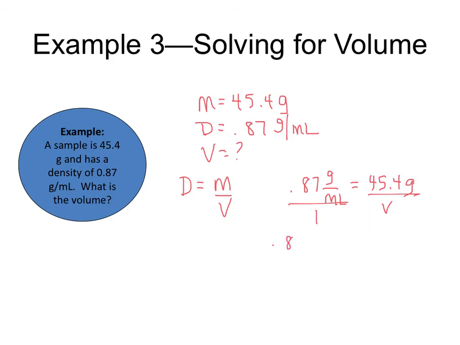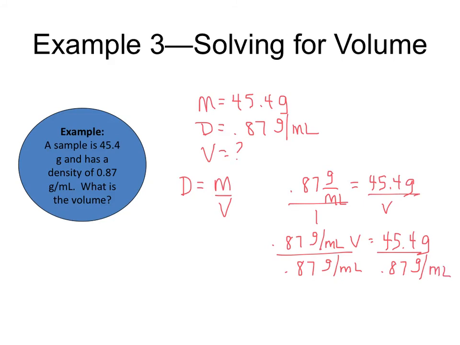I'm going to get 0.87 grams per milliliter times V is equal to 45.4 grams. And I'm going to divide both sides to get V by itself by 0.87 grams per milliliter.